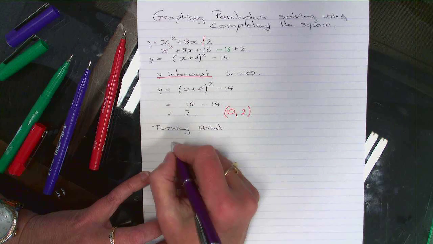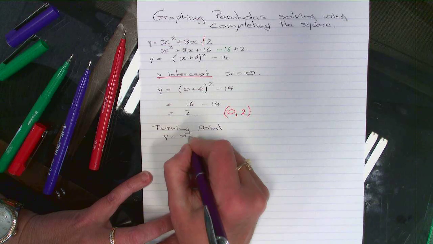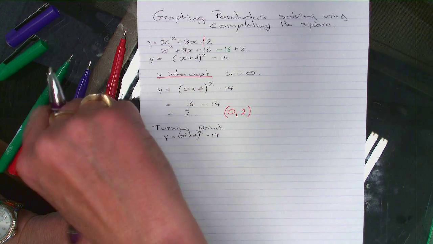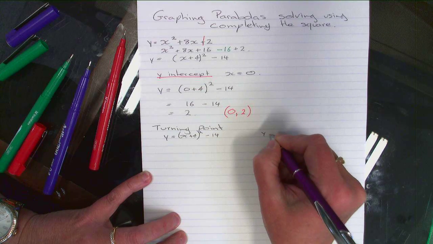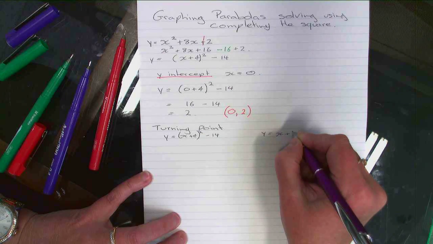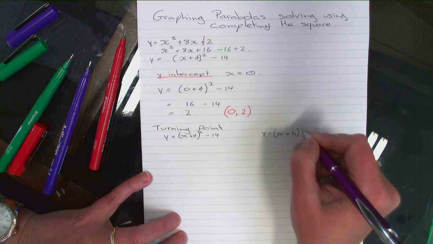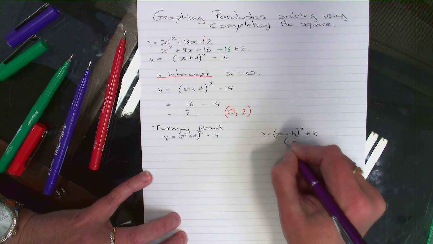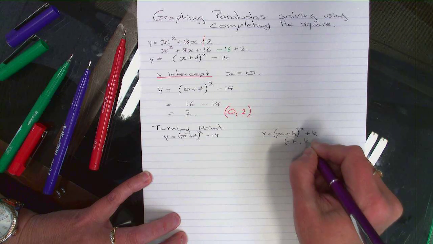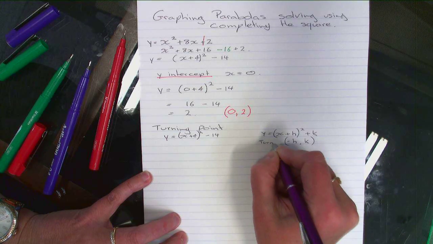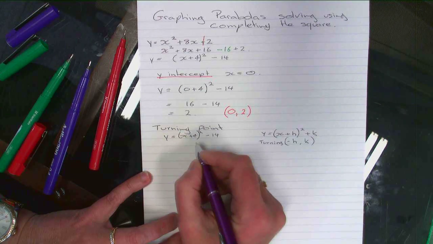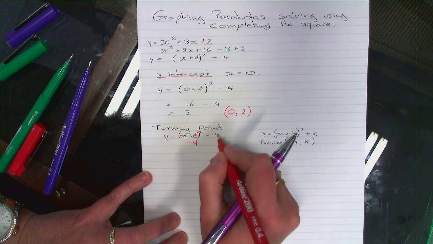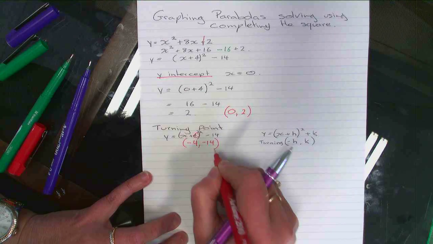So if I have my equation y equals x plus 4 squared minus 14, and I use my form y equals x plus h squared plus k, and I know that my turning point is in this form, then I know that I can take 4 and that becomes minus 4, and we've got minus 14. So that's my turning point.